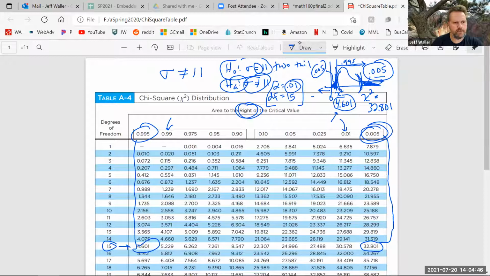Whereas in the past, we might have had negative 1.645 and positive 1.645 for a two-tailed test, you with me? And then Z star would have to either be greater than positive or less than negative. Same thing, chi-square from my sample has to be less than this or greater than this to show that it is different.